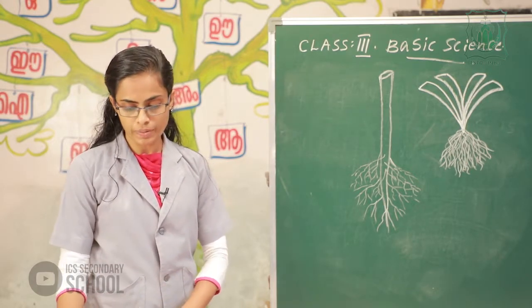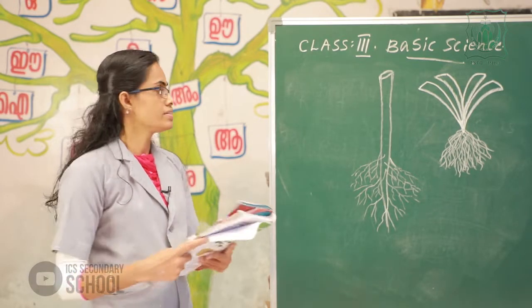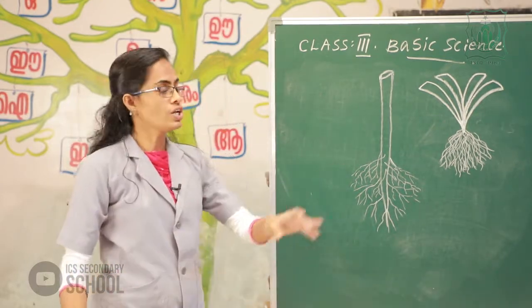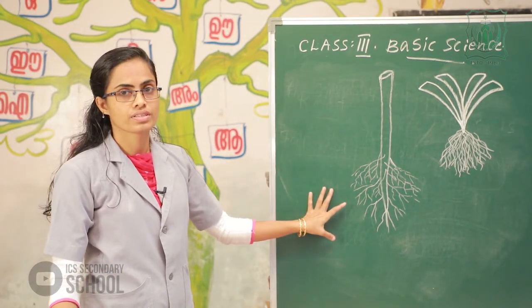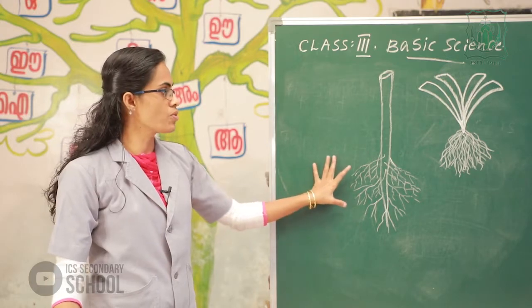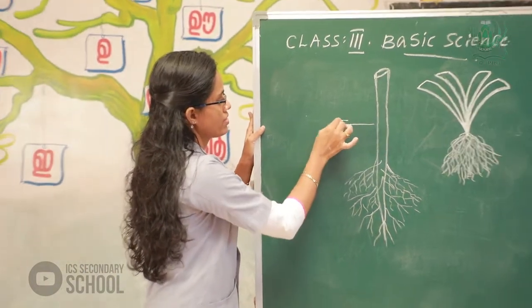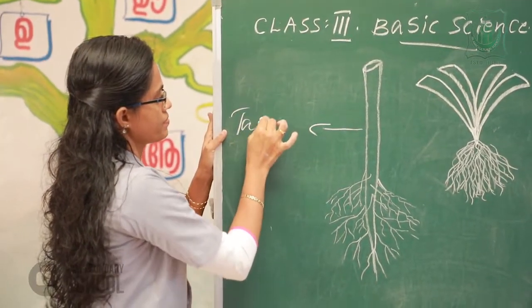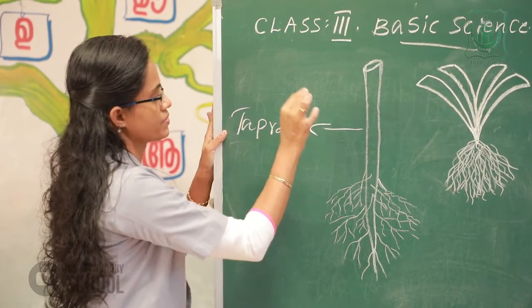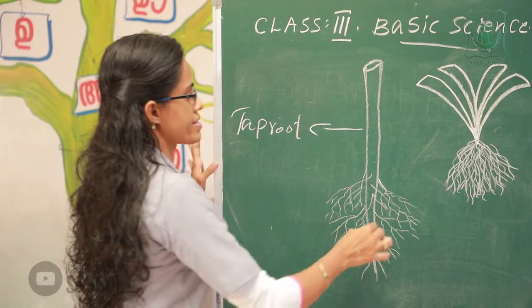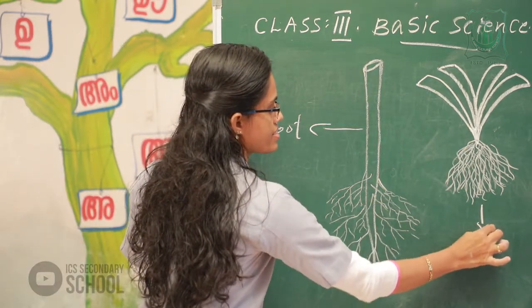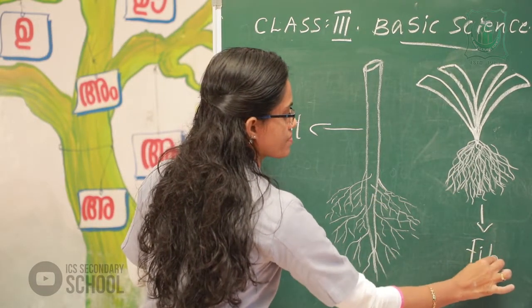The first one, please look at this picture. In your textbook picture, the first one, these are taproot, and these are fibrous root.